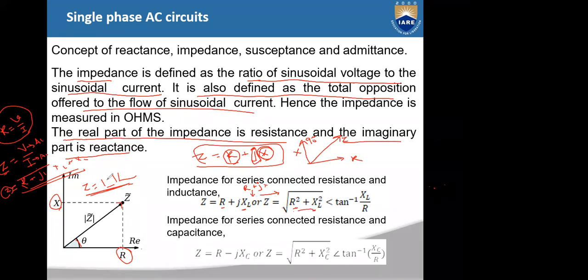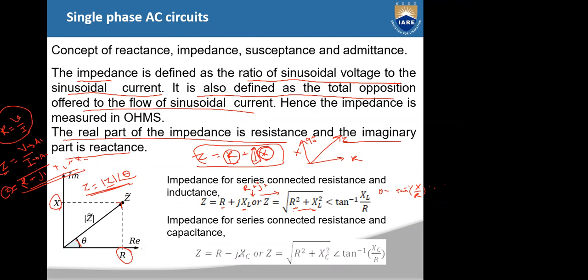How to find the angle here? Magnitude of j into theta here. Okay. Theta is equal to tan inverse of X by R. Okay. And for inductance, we will take plus jX here.